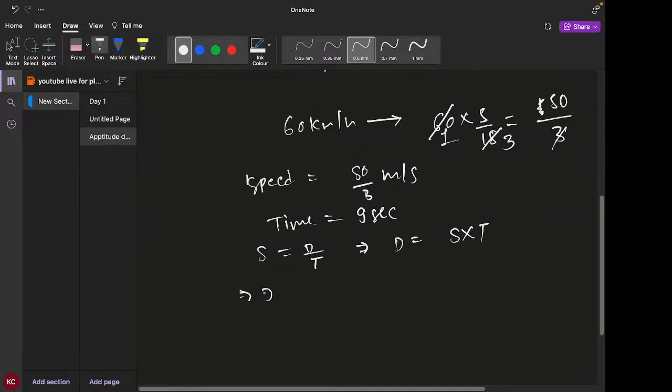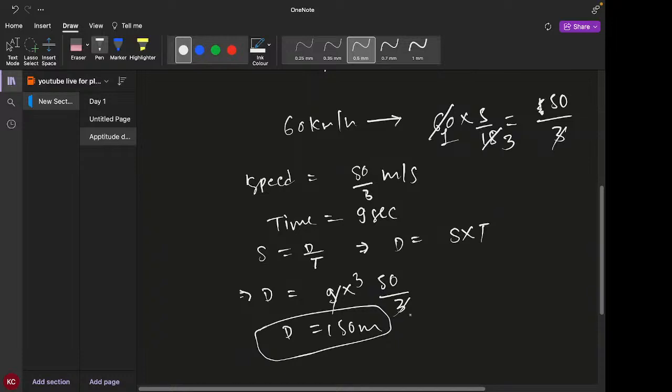So d is equal to 9 into 50 by 3, and I cut it by 3 times, so d is equal to 150 meters. This is the distance as well as the length of the train.